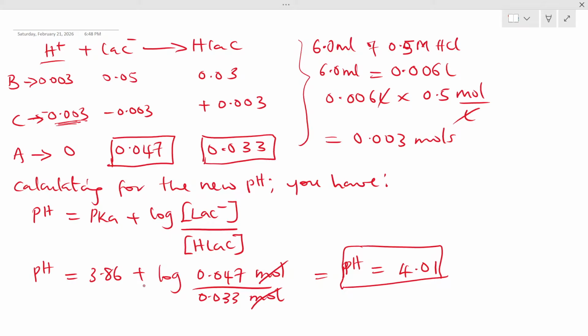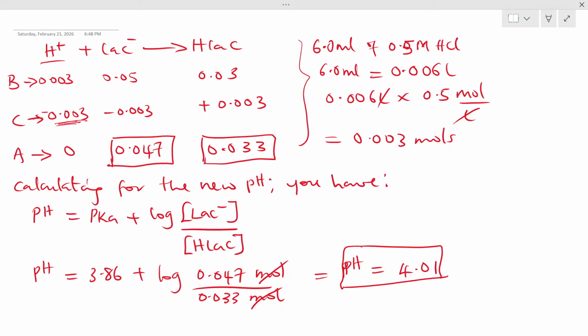So you just simplify this and take the anti-log, and of course you have pH is equal to 4.01. So note that the volume in the concentration is irrelevant, because we cancel out the liters, they are the same. Alright, so we just work with the moles.